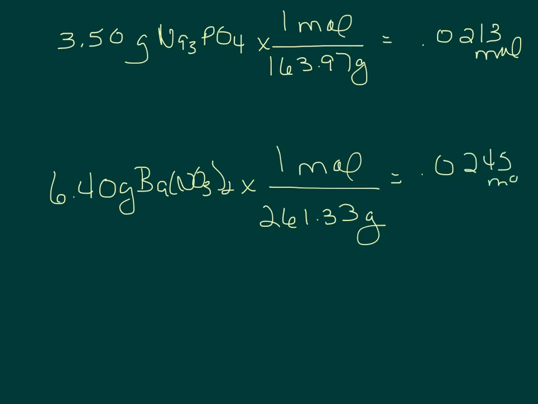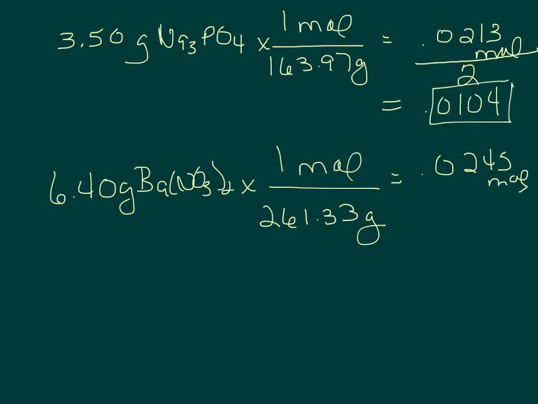So for moles of the barium nitrate, then, we get 0.0245 moles. Then what we want to do is we want to divide each of those by their respective coefficients from the balanced equation. And for the sodium phosphate in the balanced equation, we had a 2. So we'll divide by 2. And that gives us 0.0104 as our magic number.